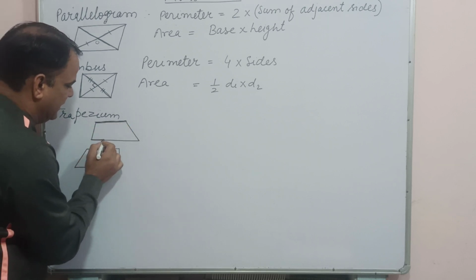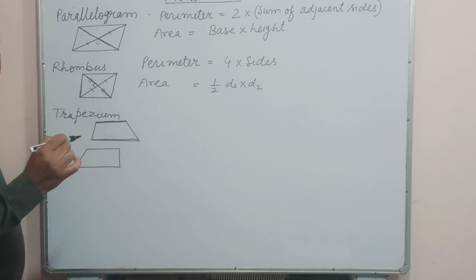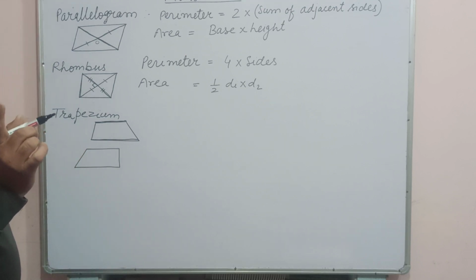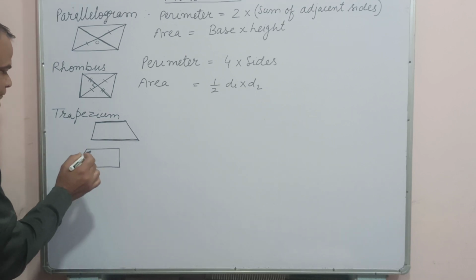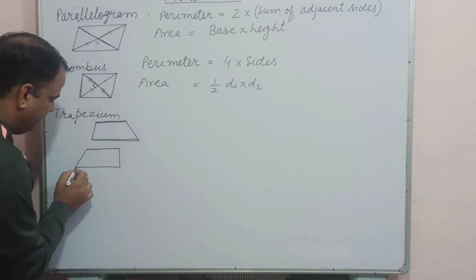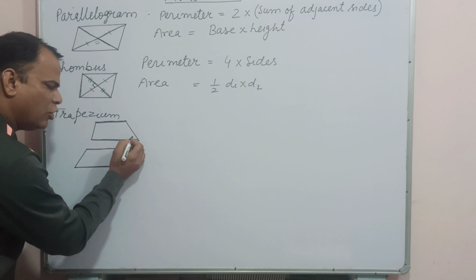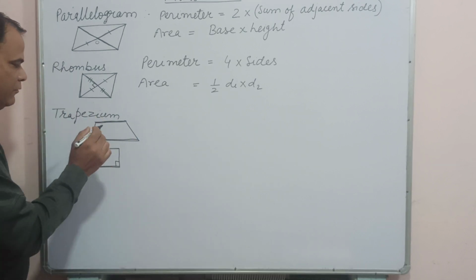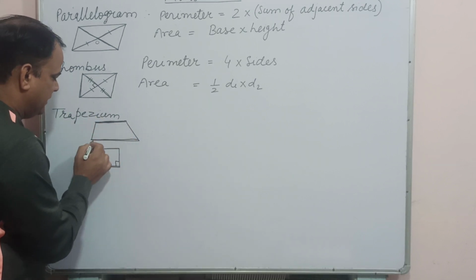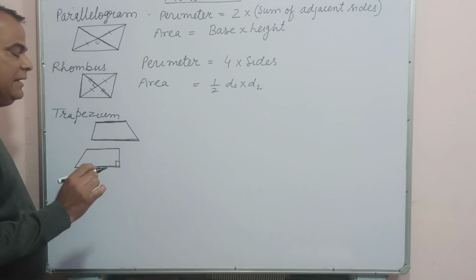If they are not parallel, this is not a trapezium; that will be known as a simple quadrilateral. This side is parallel. This may be 90 degrees or not 90 degrees, but the important thing is there is a pair of parallel sides.